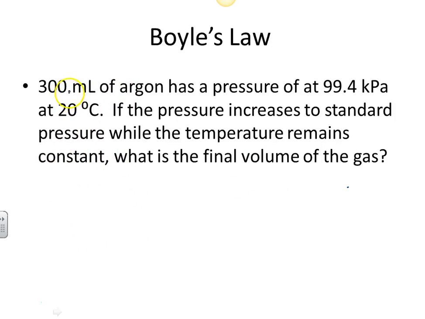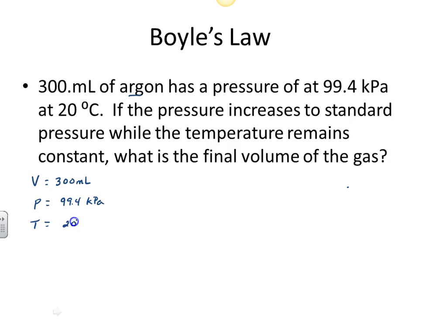Again, we have some information given to us about, in this case, some argon gas. Again, it doesn't matter what gas it is. So we've got a volume of 300 milliliters of argon at a pressure, this time in kilopascals, 99.4 kPa. And we've got a temperature given to us.